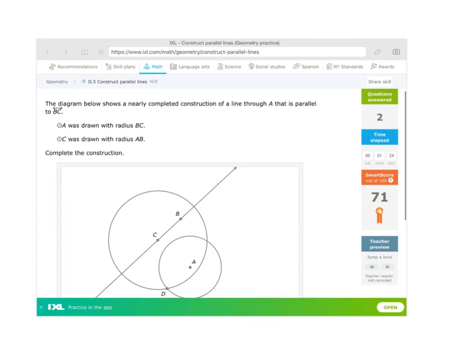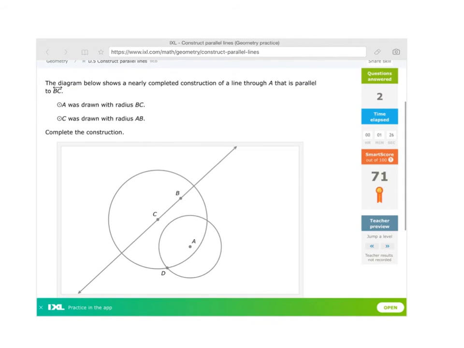Okay, now here we have a few things, right? The diagram below shows a nearly completed construction of a line through A parallel to BC. A was drawn with radius BC. Okay, so that's this circle. And then centered C was drawn with radius AB.